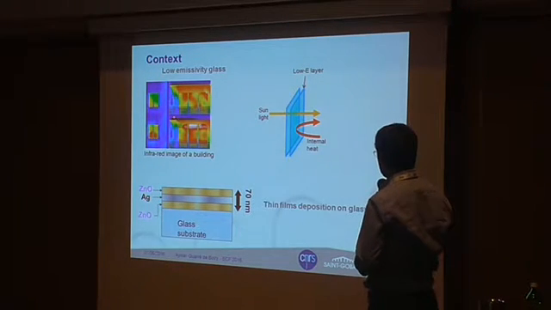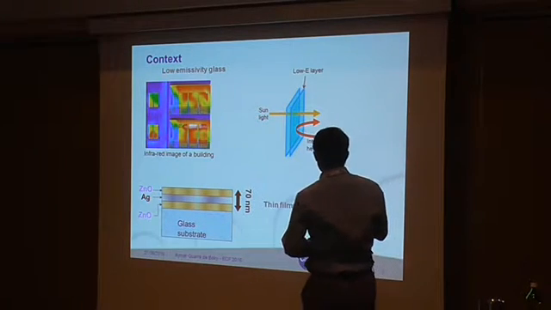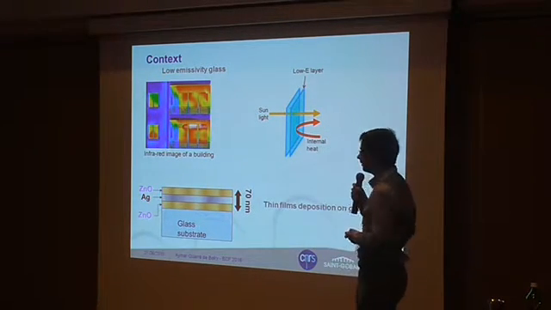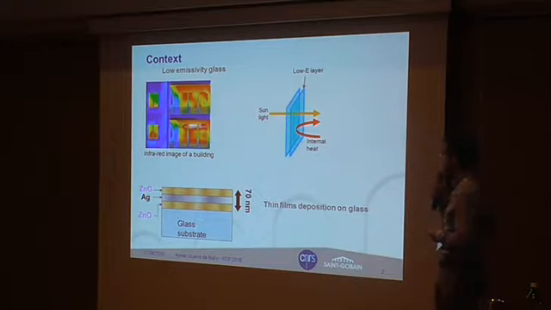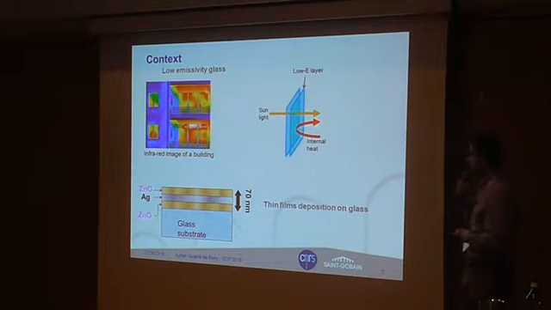If you look at this image, it's an infrared image of a building. In red, you can see a lot of energy losses through classical windows. In order to fight this phenomenon, we can deposit low emissivity layers on the glass.